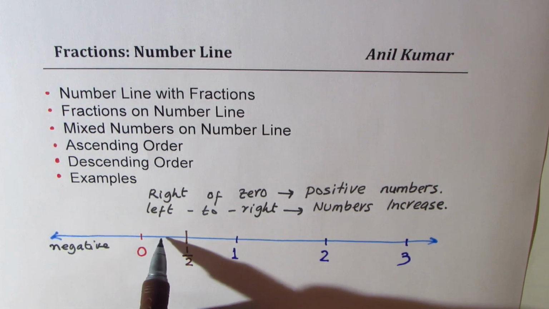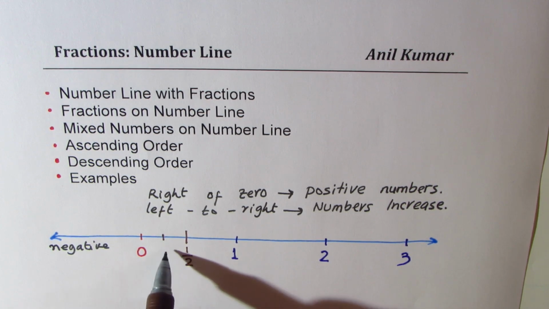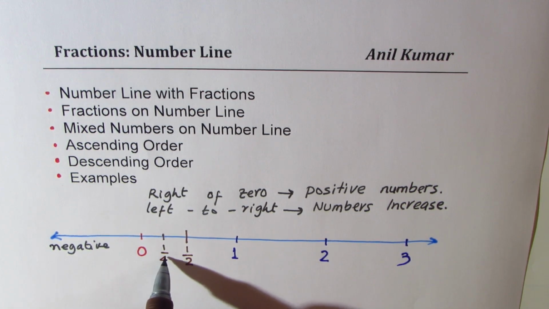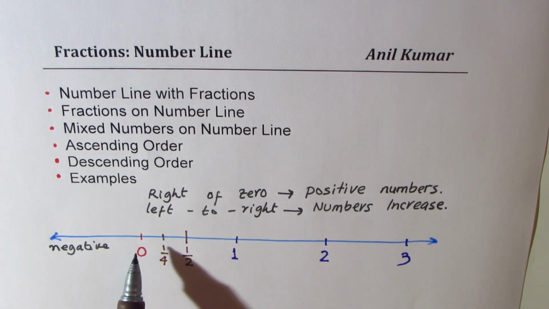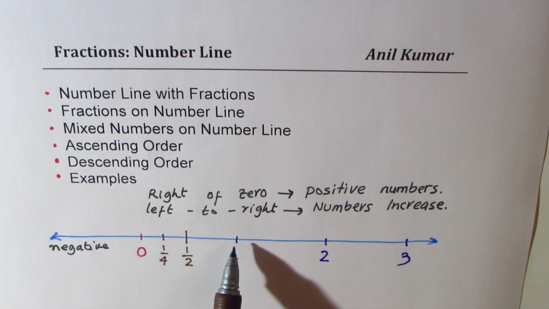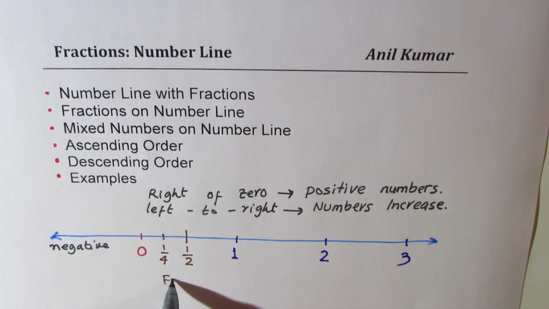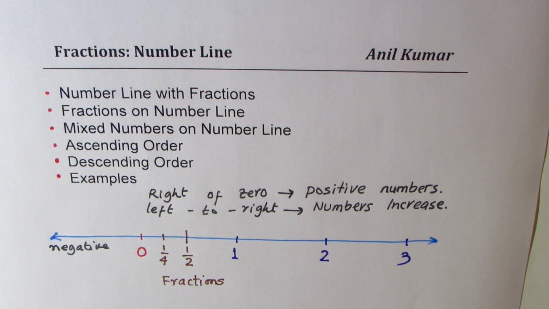And if you further divide it into another half, we get half of half, which is 1/4. So you see, we could actually divide the space between any unit into smaller parts, and that is how we can represent fractions. Right? So that gives you an idea of how to represent fractions on a number line.